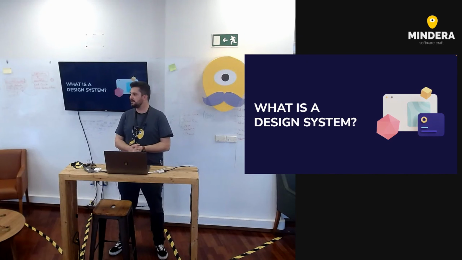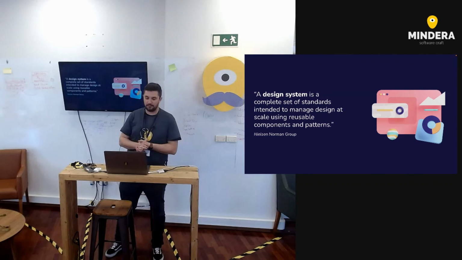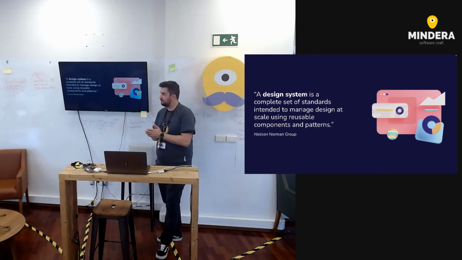Does anyone know what a design system is? Nope. Okay, let's go. A design system is a complete set of standards intended to manage design at scale using reusable components and patterns.